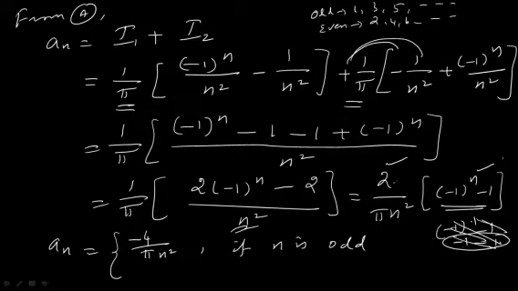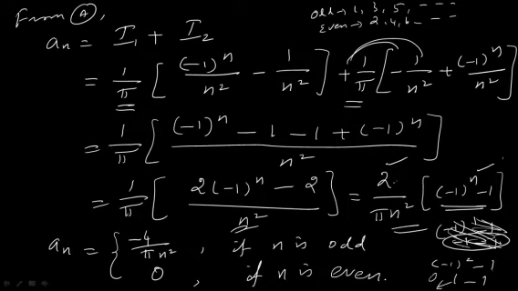Now let me check it for even terms. If we substitute n is equal to 2, what happens? Minus 1 whole power 2 minus 1. Minus 1 whole square is plus 1, minus 1. What happens? 0. So this becomes 0. 0 into anything is 0. So it doesn't exist for even terms. Okay. So an value exists only for odd values, not for even values.